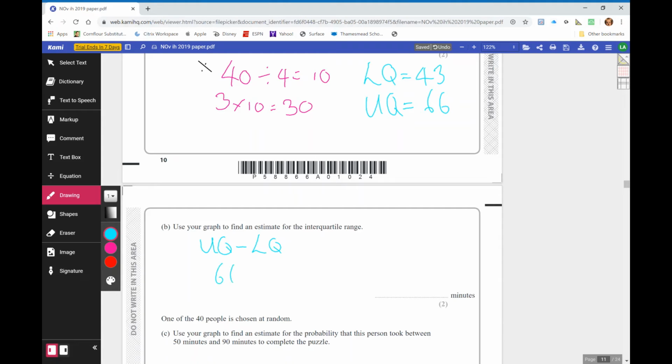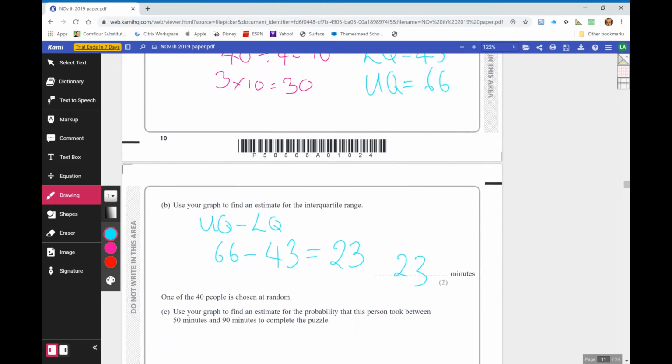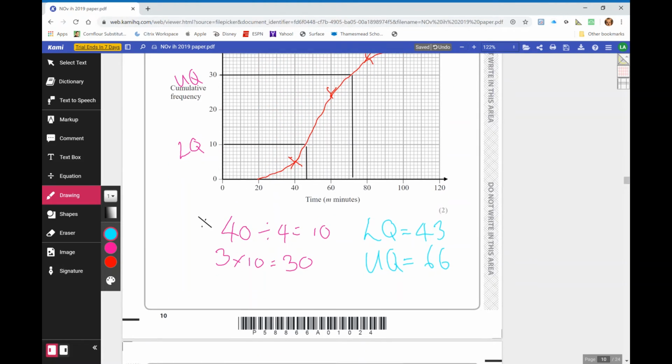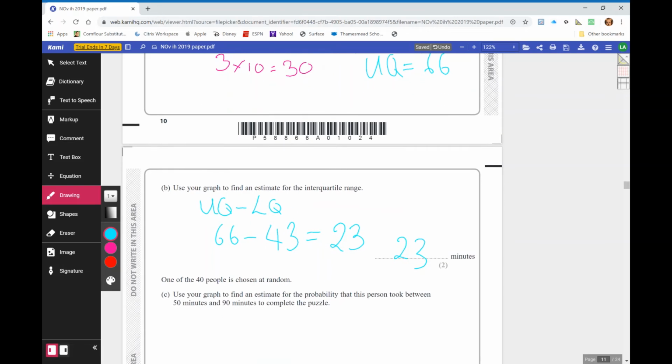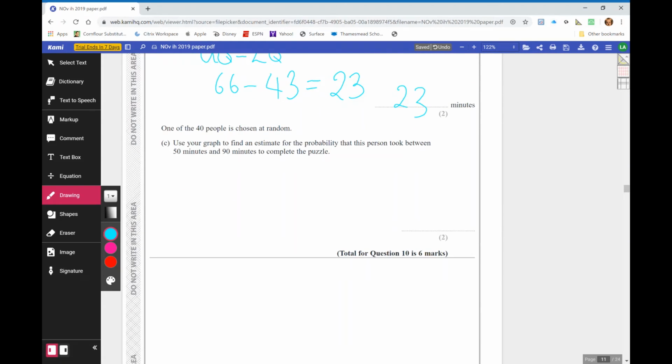So 66 minus 43 equals 23. So 23 is our interquartile range. Okay, hopefully you can see that. And it's basically the range between this and this. If you did a box plot, it's the box, it's the bigger box. Okay, so 23 minutes is the interquartile range.